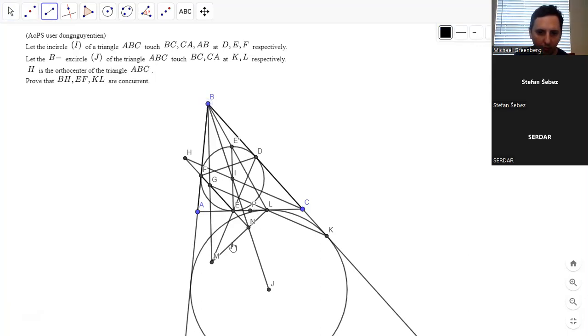So first of all, do we know the point N? Let M be the intersection of BI and EF. So PE is equal to PN. That is by Iran Lemma. Okay.